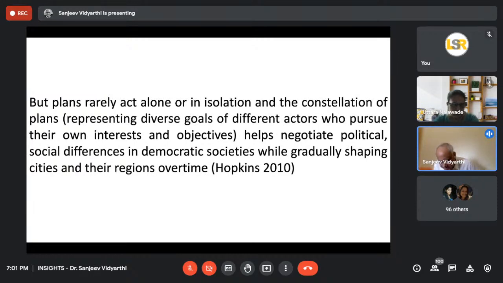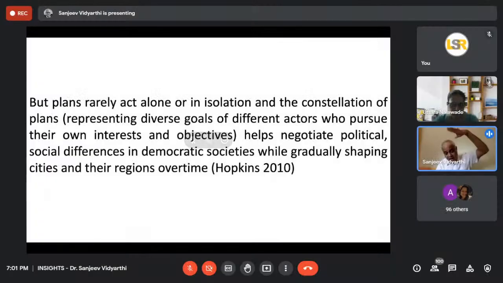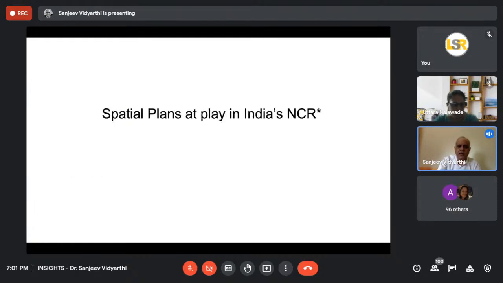But these people say this is good, that we don't have a singular master plan, that we have many different plans, and these plans do different things together, and they talk to each other. It's a constellation of plans, and at the city level, at the higher level, that's how city building takes place.